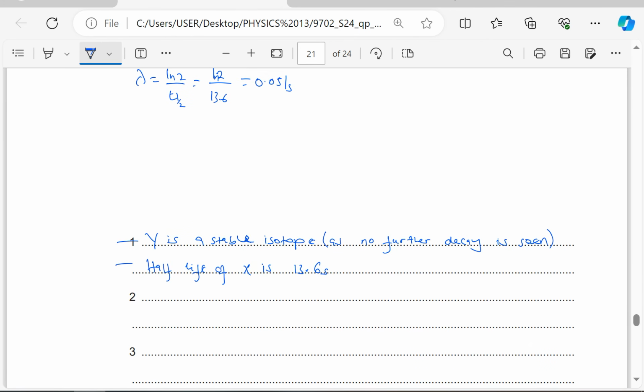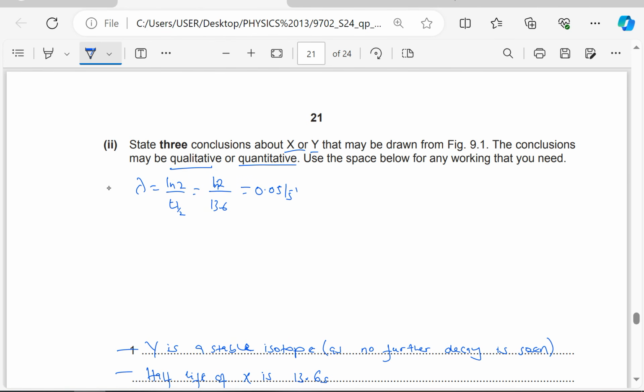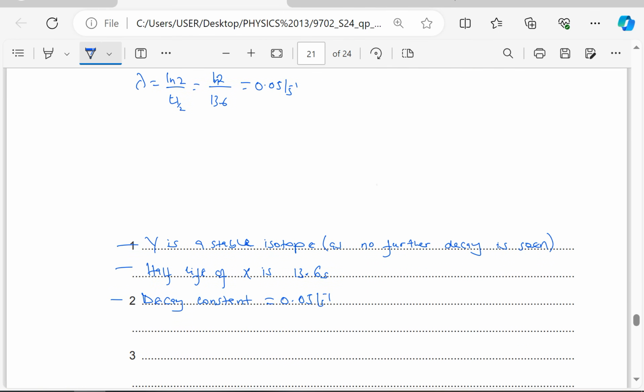So the decay constant equals 0.051 per second. It is per second, of course, not seconds. That is number 2.